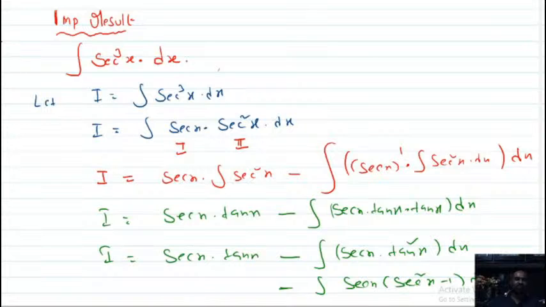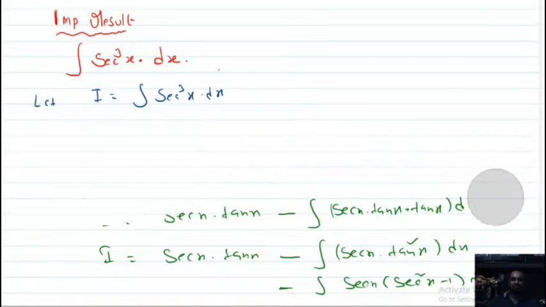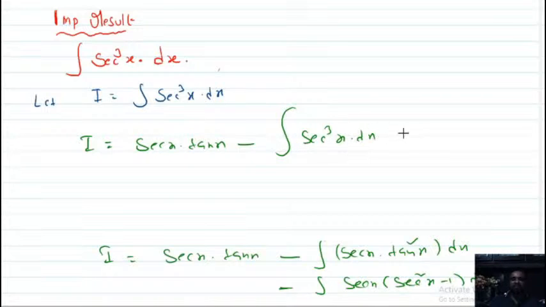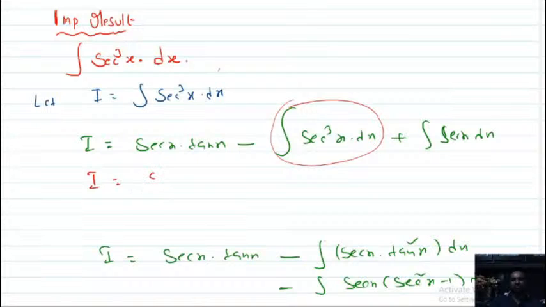Students, see what is happening here: I is equal to secant x into tan x as it is, minus the integration of secant cube x dx, plus the integration of secant x dx. Students, the interesting thing is that this is nothing but the original problem, I. That is, I equals secant x into tan x minus I plus the integration of secant x dx.